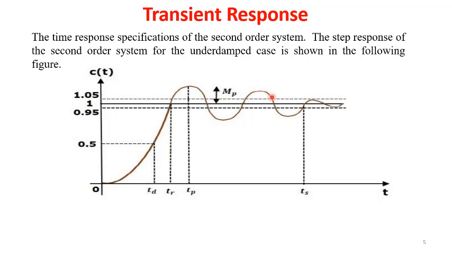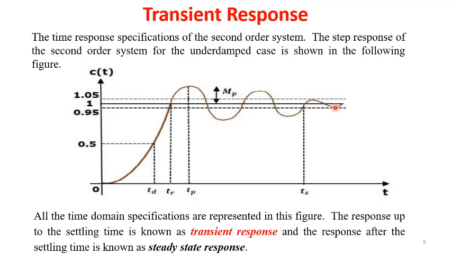This is how we see the settling of the signal happening towards the end, after a certain duration of time, and it comes very near to the steady state band. This is the steady state band or error band where it settles down.